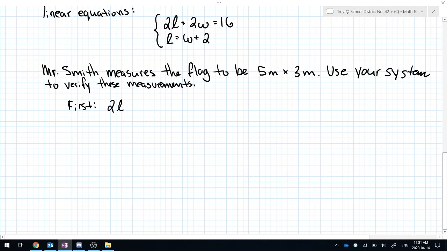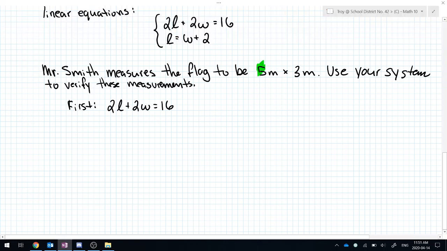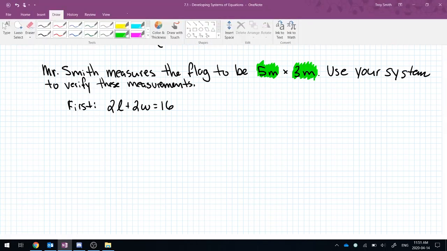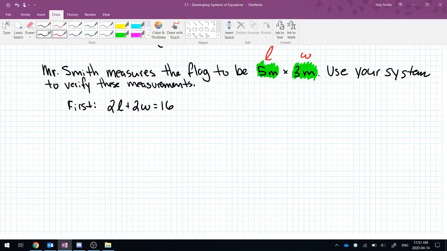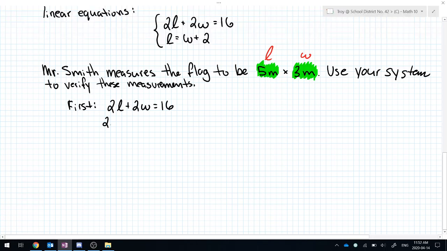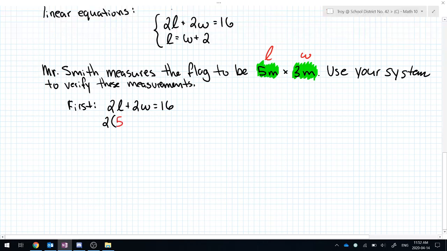That's 2L plus 2W equals 16. Okay, so just to be clear, that's my length, that's my width. So I'll come down and make my substitution. I said the length is 5. And I said the width is 3.